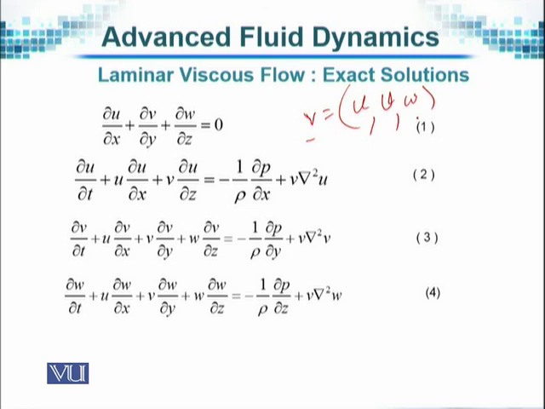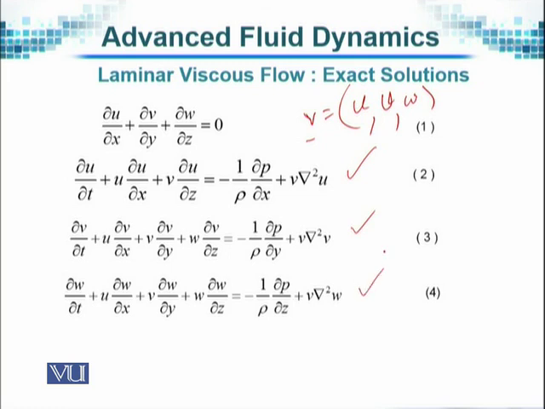Similarly, when we write down the Navier-Stokes equation in the x coordinate direction, it will be of this nature. And you can see that they are very similar. They are symmetrical in all other coordinates also, in the y coordinate and in the z coordinate.